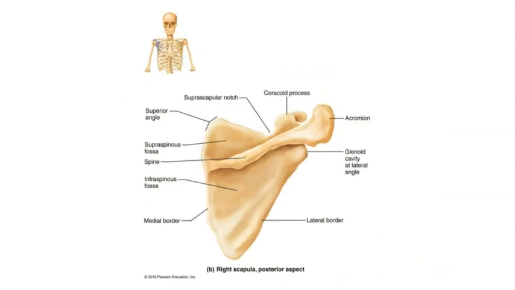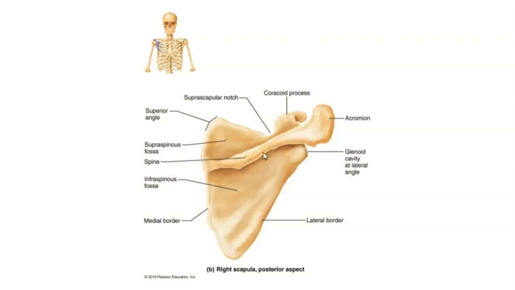Now, the posterior surface of the scapula has several bony projections that emerge from it because it's an important site of muscle attachment for muscles of the back, as well as muscles of the upper limb and the shoulder itself. The first of these bony projections is this very noticeable spine towards the superior border, also called the scapular spine, and it runs from the medial border to the lateral edge of the scapula.